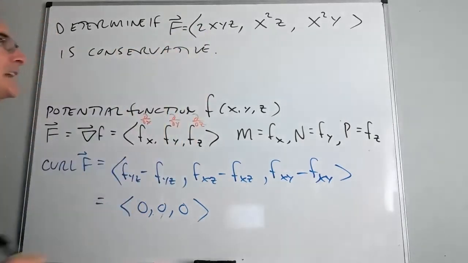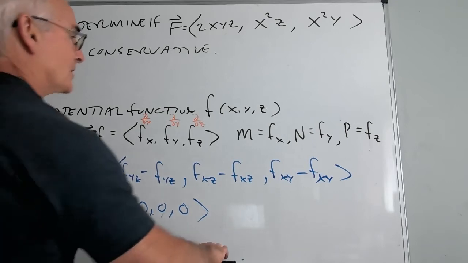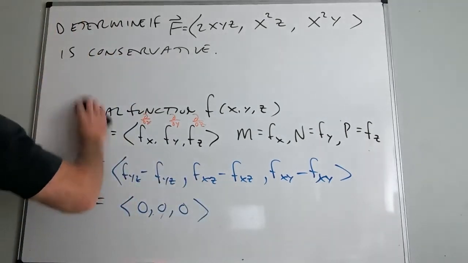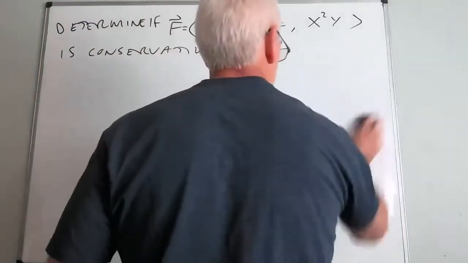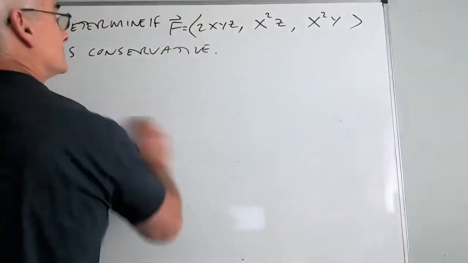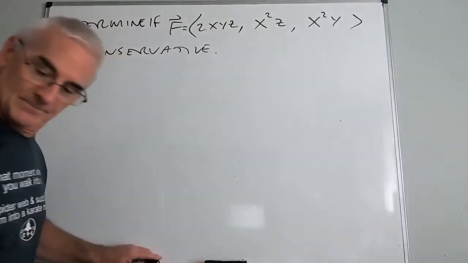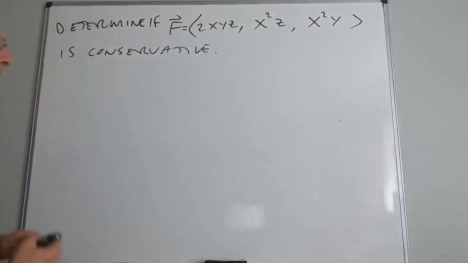All right, let's all take a moment. I want you to determine if this vector is conservative. This should be a fairly simple process. In order to determine if this vector is conservative, we need to take the curl. So everyone try that just for a moment, see what we get.